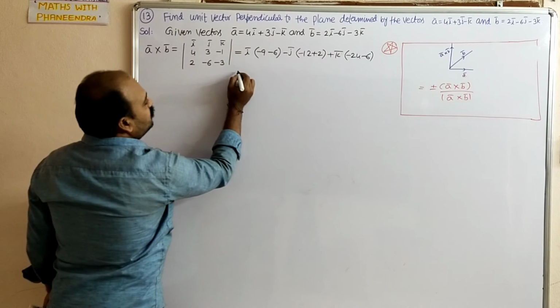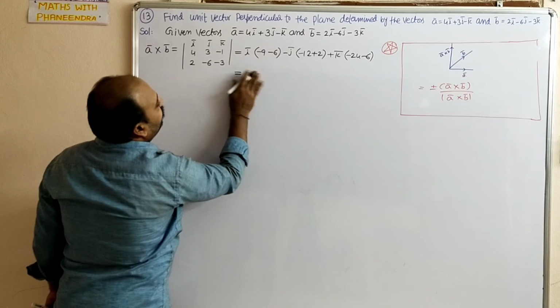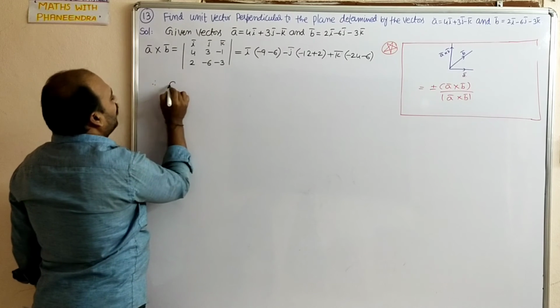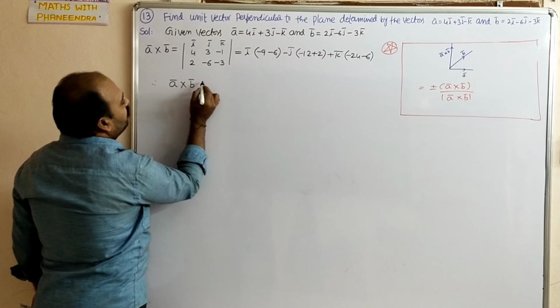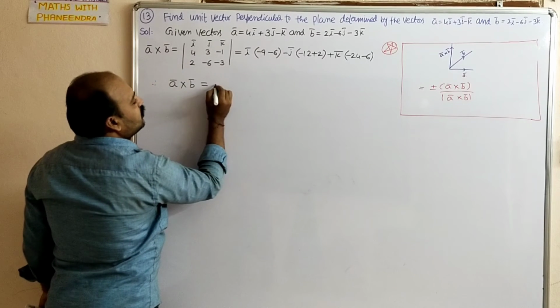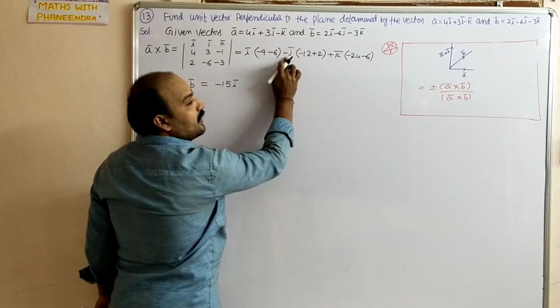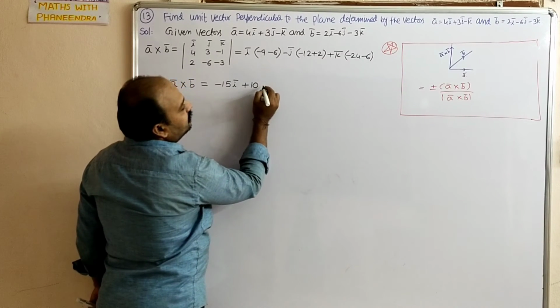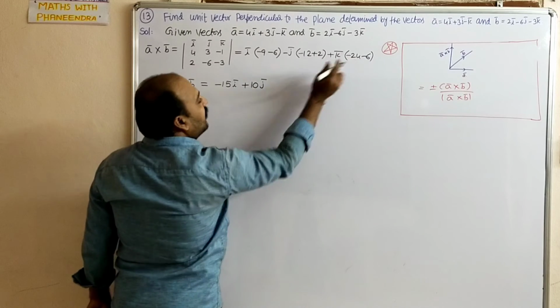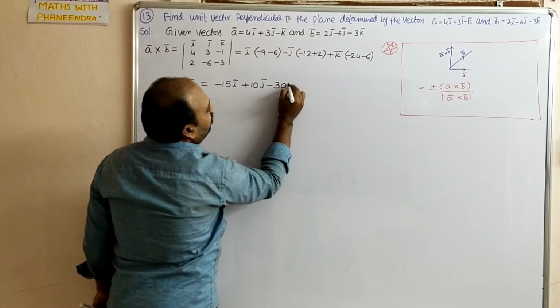So A bar cross B bar equal to minus 15 into i, minus 10 into minus, plus 10j minus 30k.